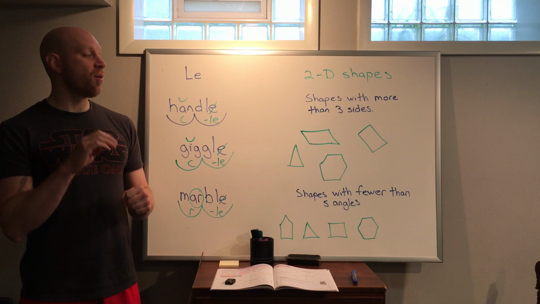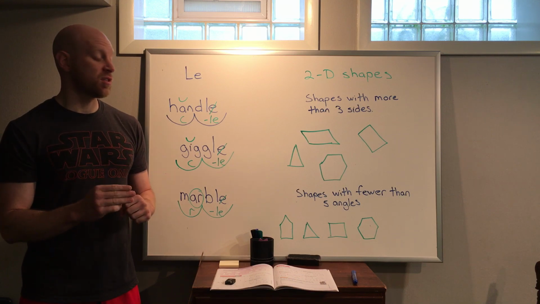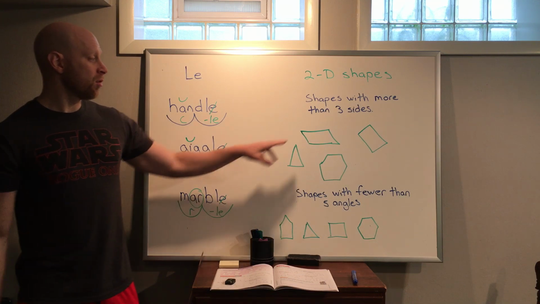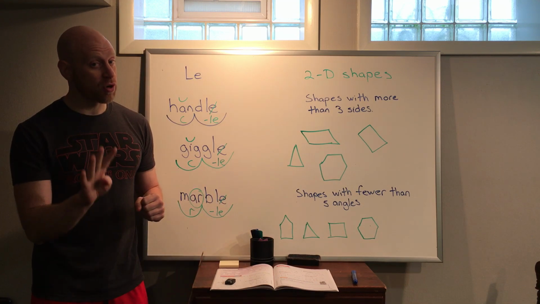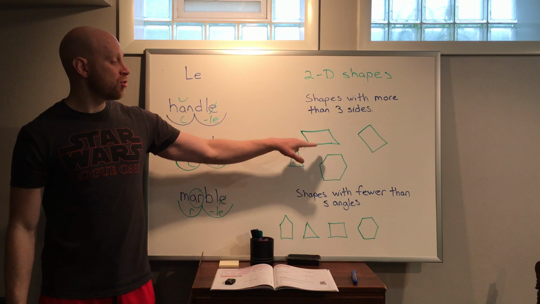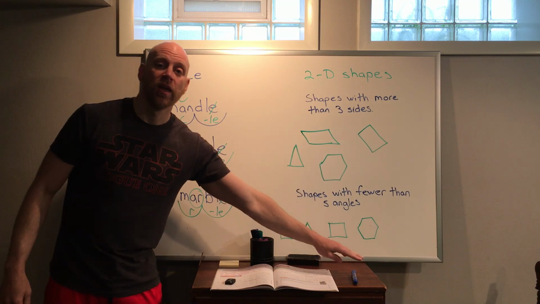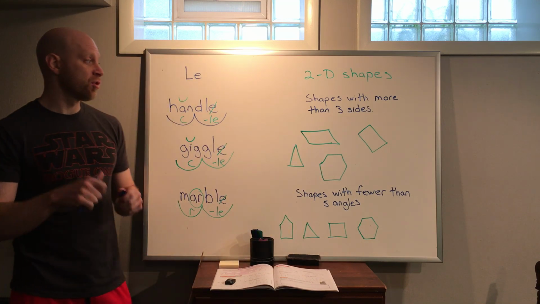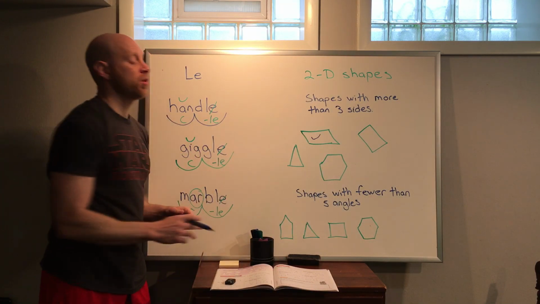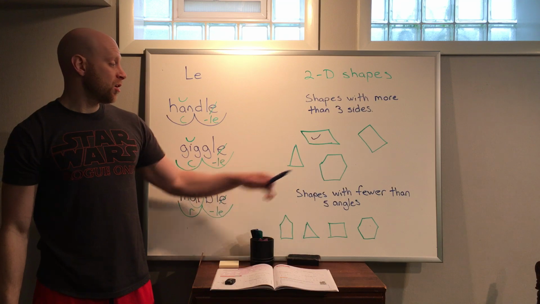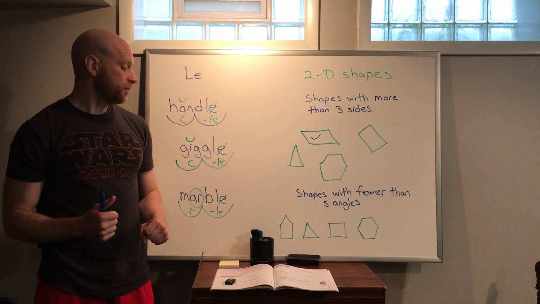So shapes with more than three sides. Well, let's look at this quadrilateral. Remember, quadrilateral has four sides in it. 1, 2, 3, 4. That definitely meets what we're looking at. Right here we have our triangle.